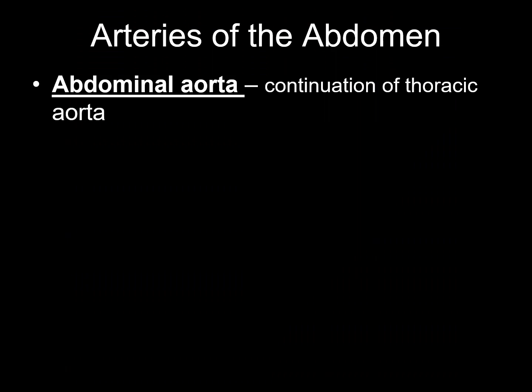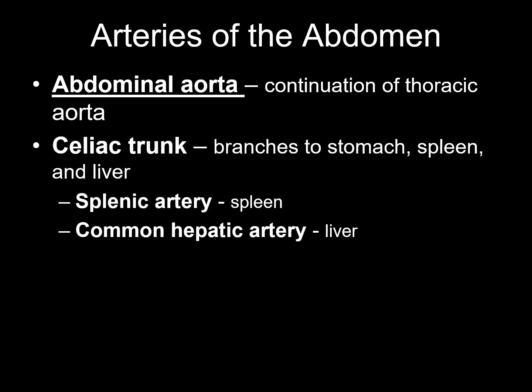Now, if we look at the arteries of the abdomen, these can be a little more confusing, but if you think about it, all the organs in the abdomen need a blood supply, right? So we're going to look at all these branches off that abdominal aorta that we talked about earlier, which is just a continuation of the thoracic aorta.